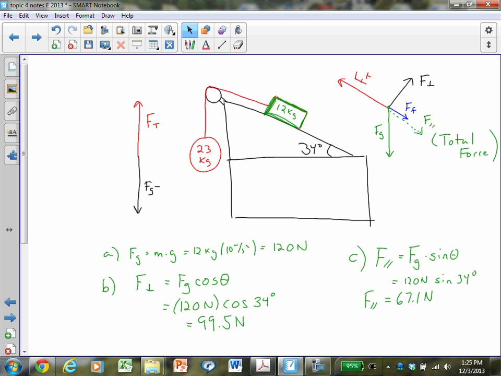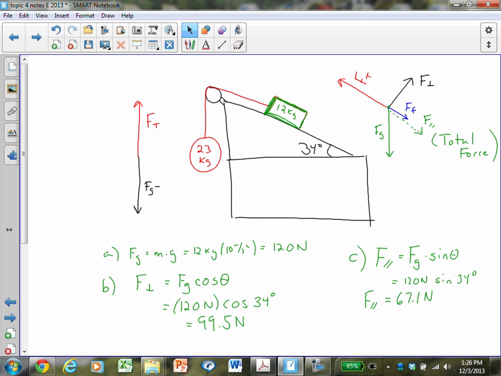That's F parallel, but F parallel is also called the total force because it's the sum of F perpendicular plus Fg. Either's fine.